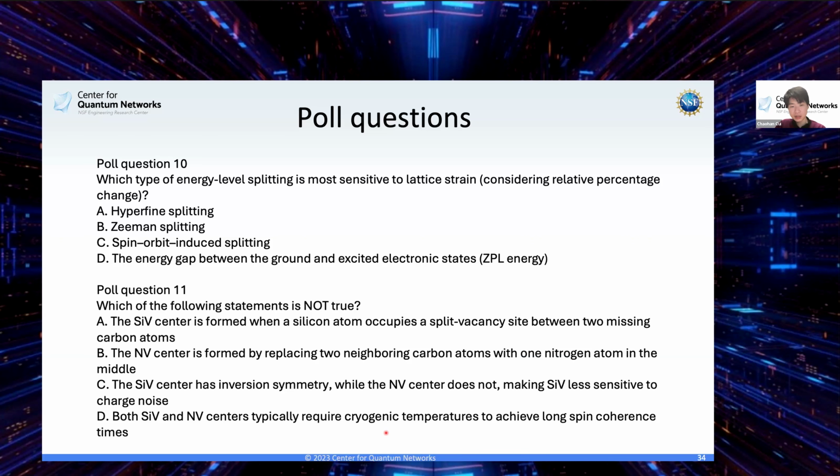The NV centers, as I mentioned for previous poll questions, can keep good coherence times at room temperature, but we won't say it's long enough. There are also other noises, not just the standard decoherence from coupling to phonons or photons, but coupling to other things, like noise in the lattice.